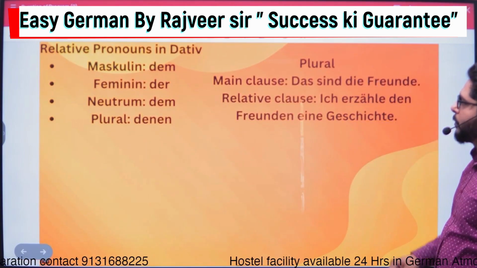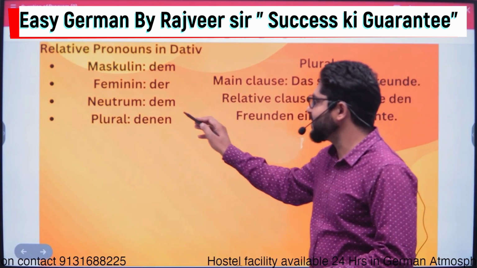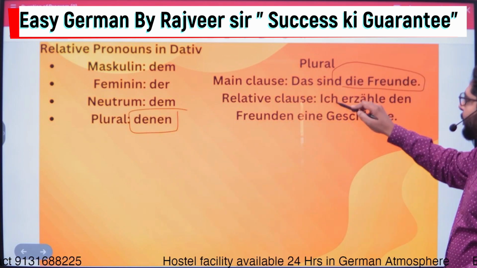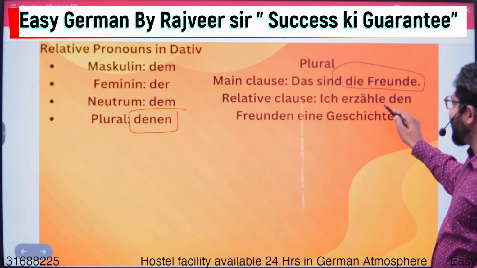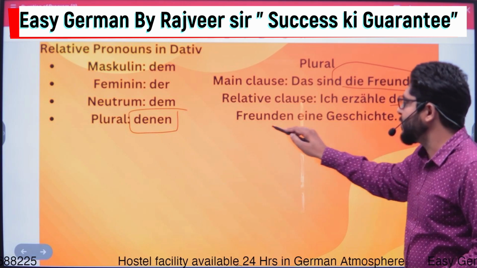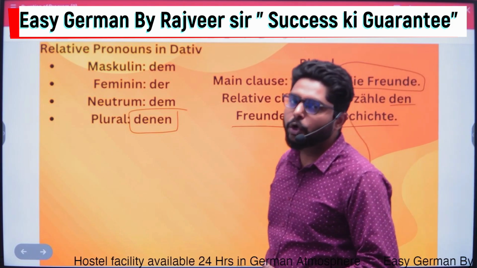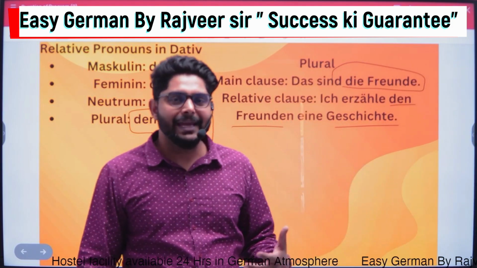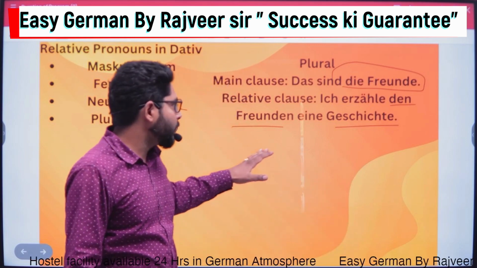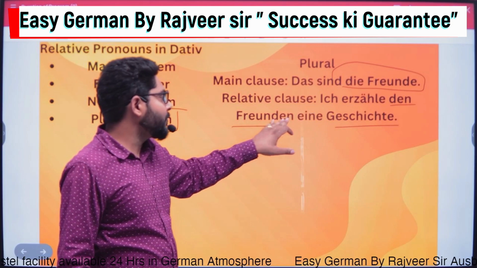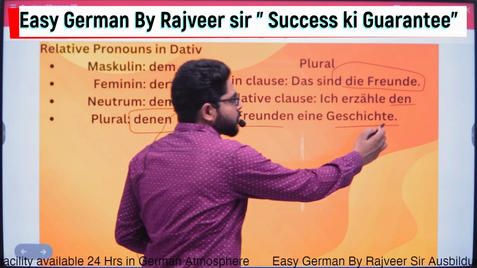Next one, for the plural. In the plural you can see denen. So das sind die Freunde. Ich erzähle den Freunden eine Geschichte. I'm explaining a story to the friends. You have to remember erzählen is also a fixed dative verb. What we are explaining is the story.